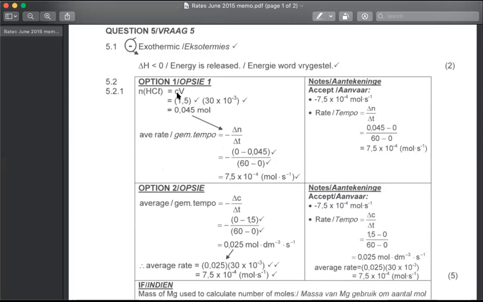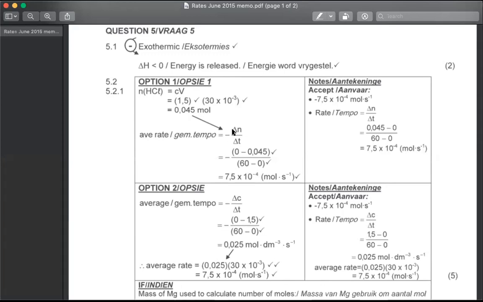Number of moles equals concentration times volume. Your concentration will be 1,5. Your volume will be 30 times 10 to the minus 3, which we got from the 30 cm³ they told us, right? And then you got 0,045 moles, right?